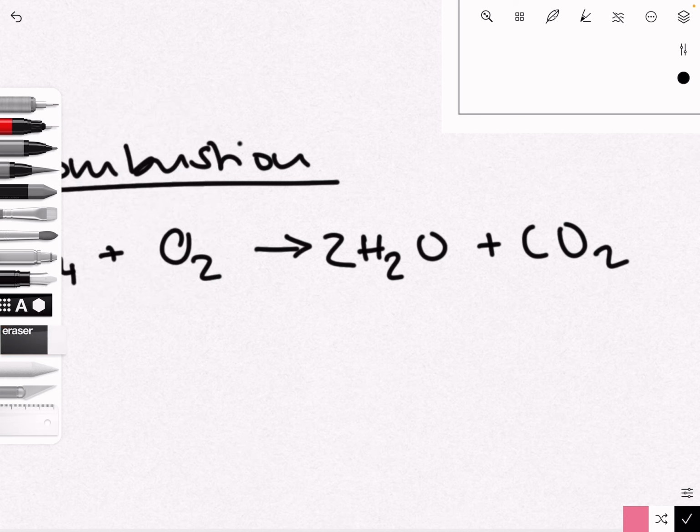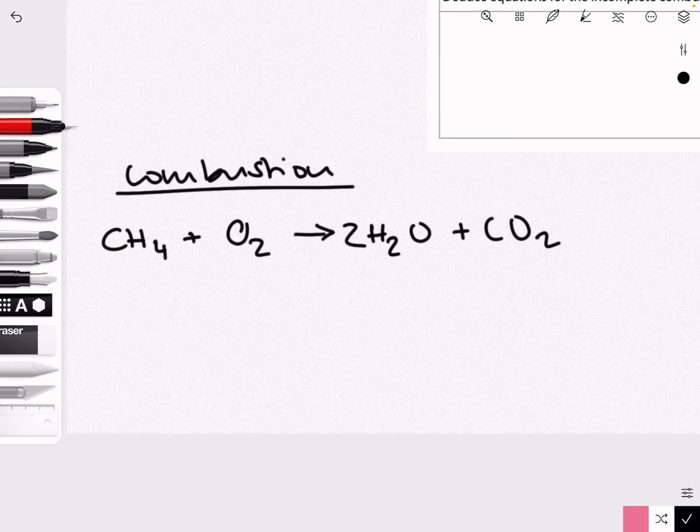This equation is not balanced, but at least you will be able to get the idea of what the products of a reaction undergoing complete combustion look like.